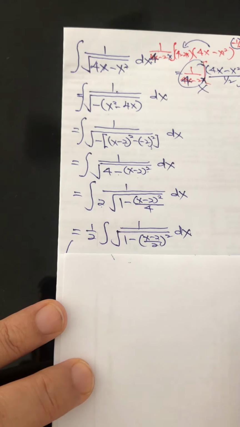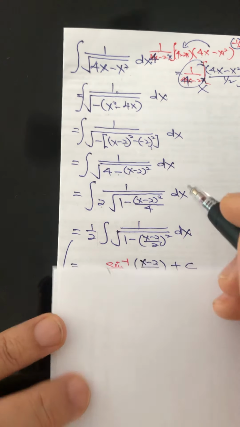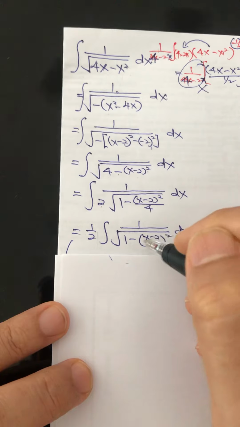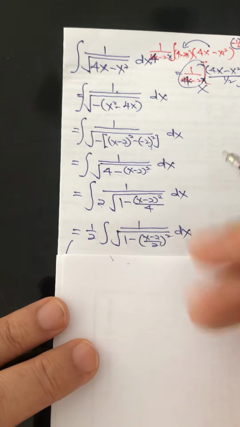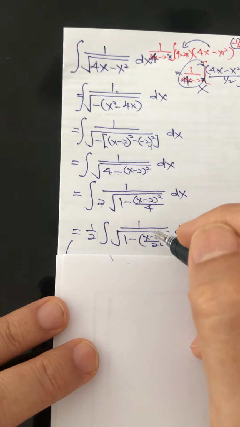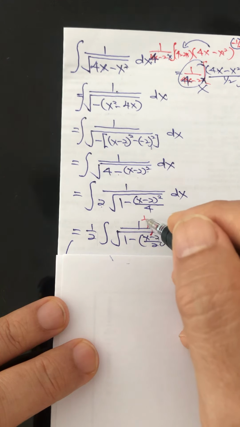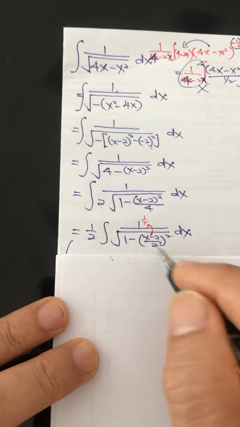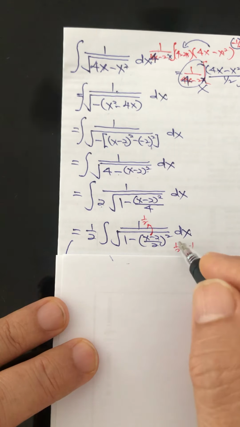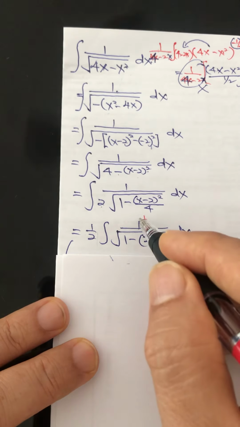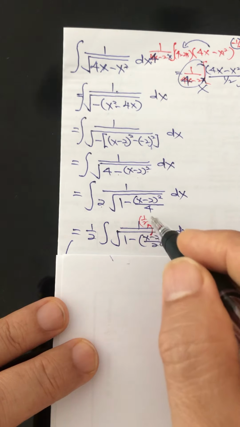Yes or no? So you see, here, if you want to integrate by memorizing the things, when you differentiate this one, you get half, isn't it? Because inside the bracket is half x minus 1, so you differentiate is half. So because you differentiate this one is half, you must have a half here.